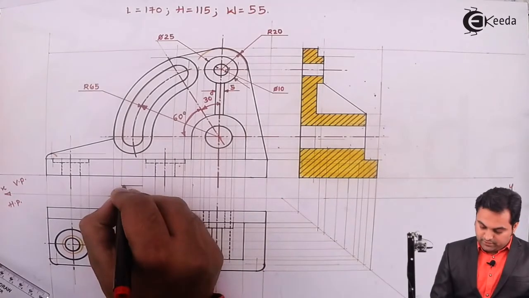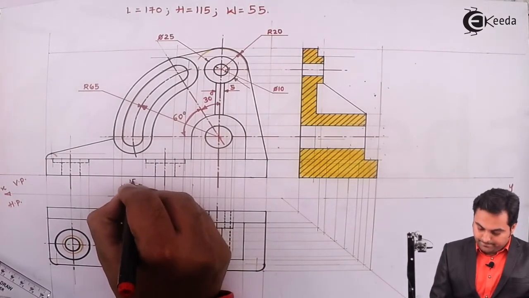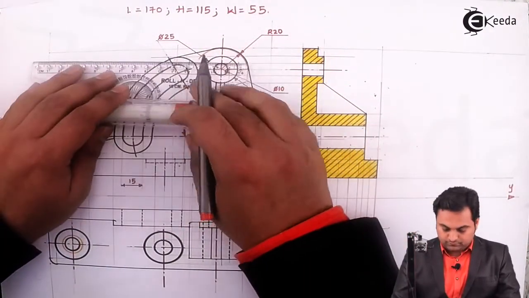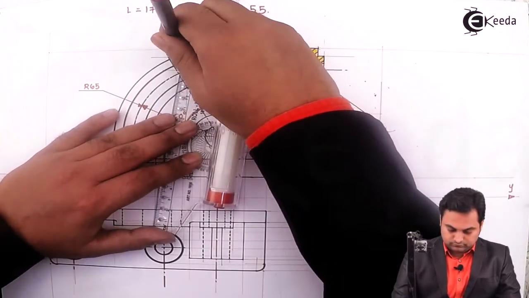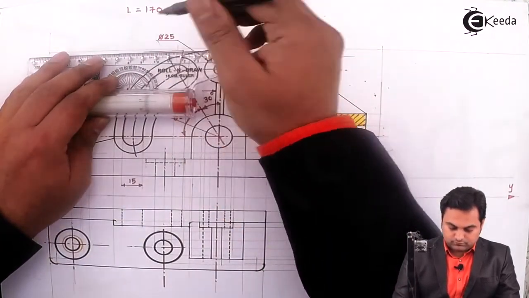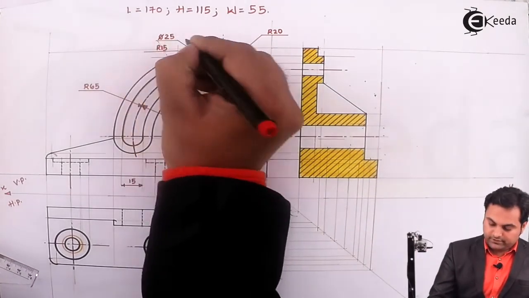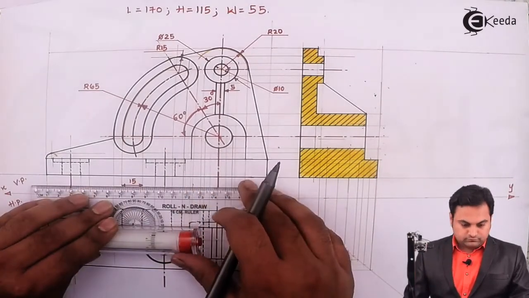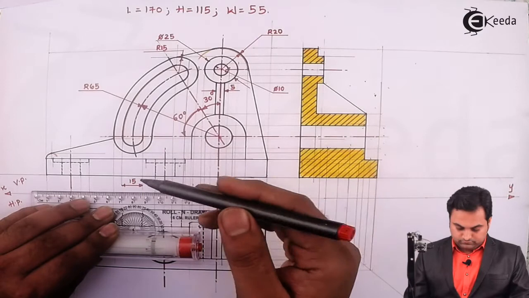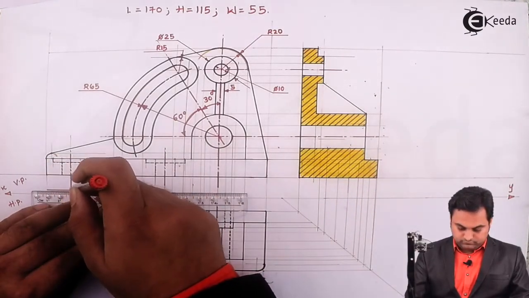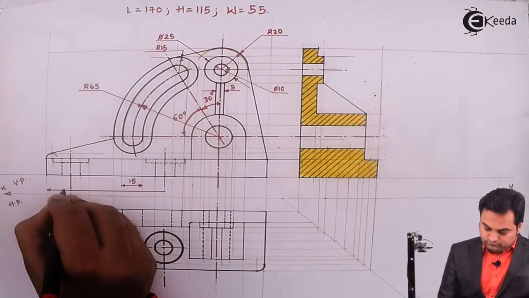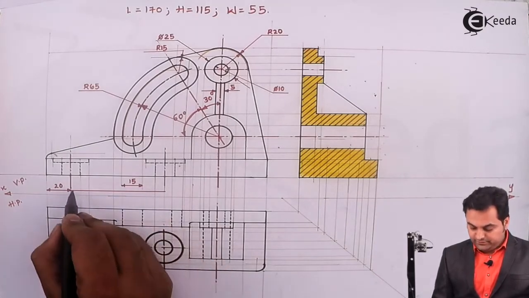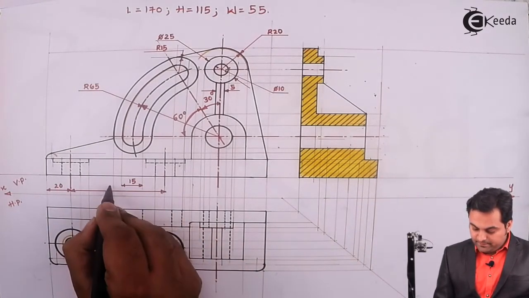This inner semicircle having a diameter of 15 mm. Radius 15. Here the distance is 20 mm for this center, and after that the center to center distance is 75 mm.